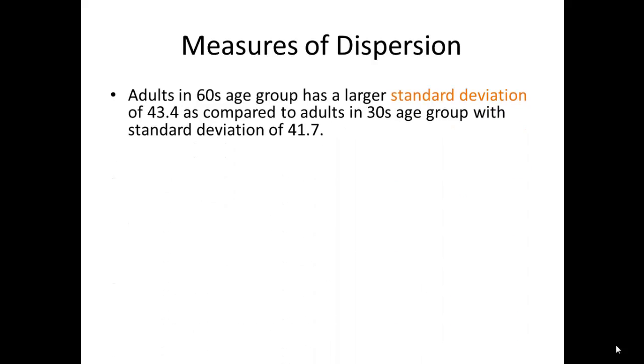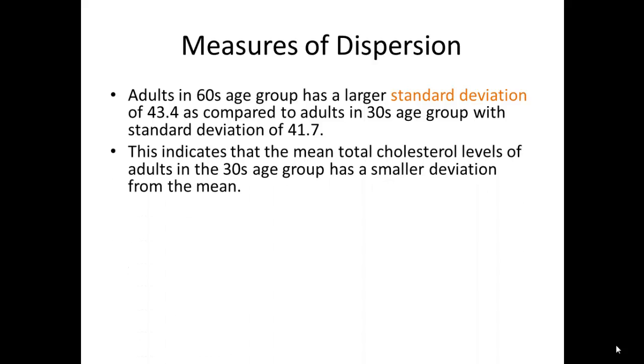The next measure of dispersion is the standard deviation. Adults in the 30s age group have a standard deviation of 41.7, which is lower than that of the adults in the 60s age group by 1.7. This indicates that the mean total cholesterol levels of adults in the 30s age group have a smaller deviation from the mean and a smaller spread of data.